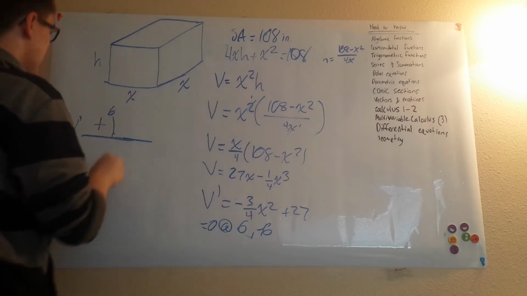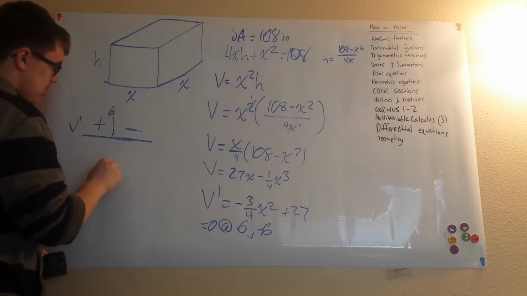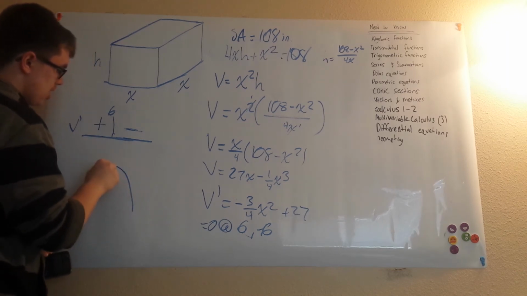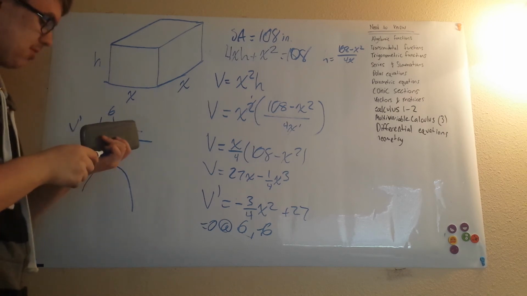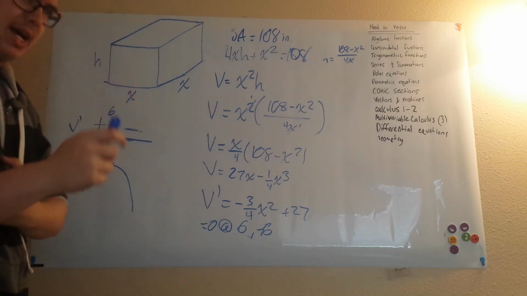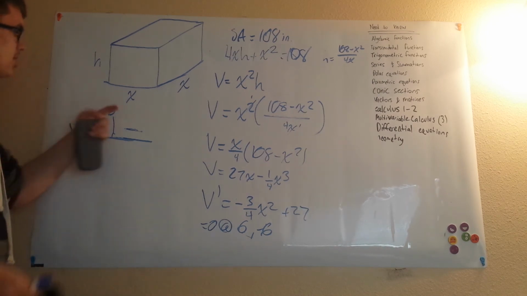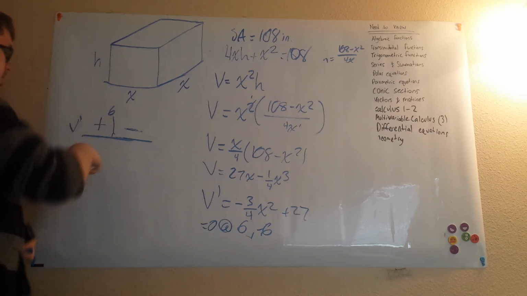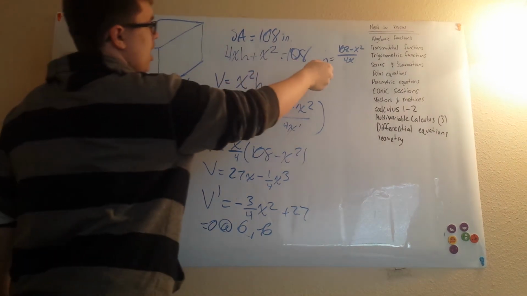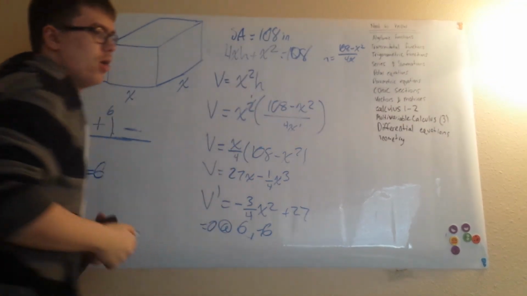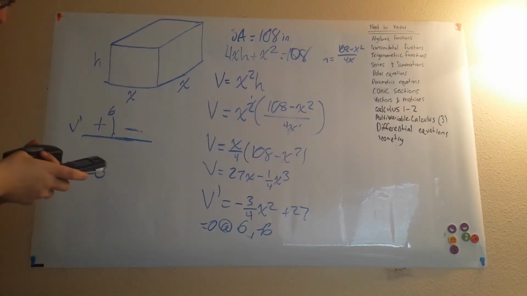This is going to be negative. We have an increasing to decreasing, and that's a maximum. So the volume is going to be a maximum when x is 6. So the dimensions, x is 6.